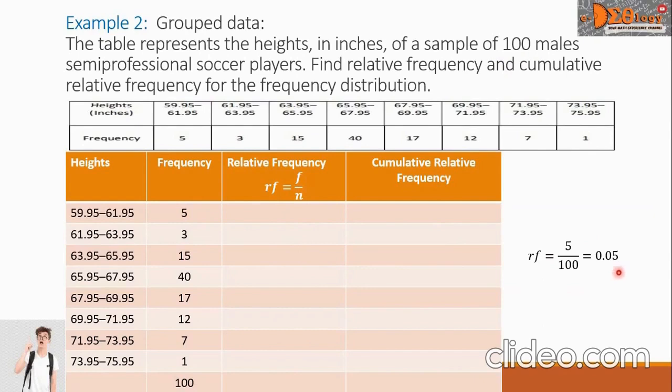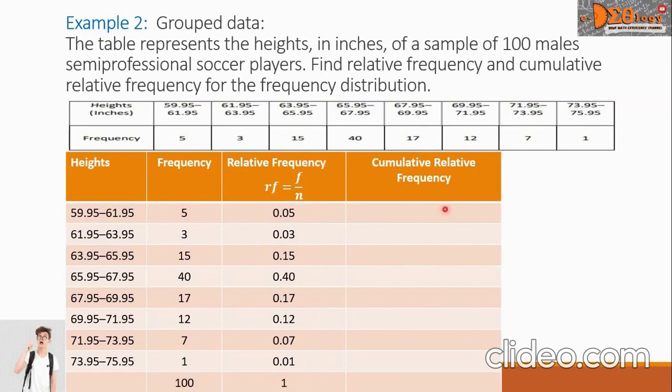We will copy this value in the first row. Next, we're going to fill in the other rows. Using our formula, we will have 0.03 in the second row, 0.15 on the third, 0.40 in the fourth, so on and so forth. If we get the total of this, we will get a whole number 1.